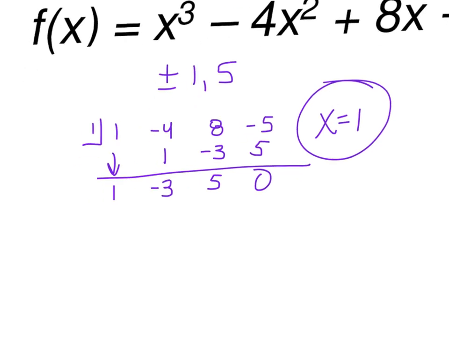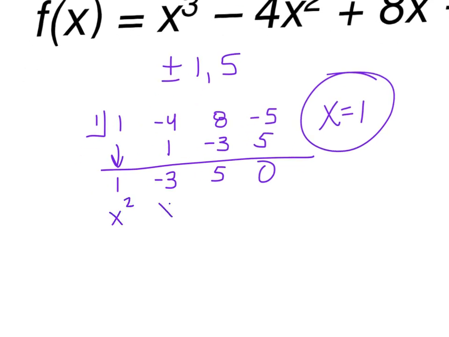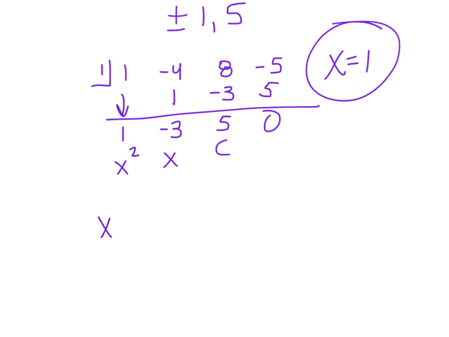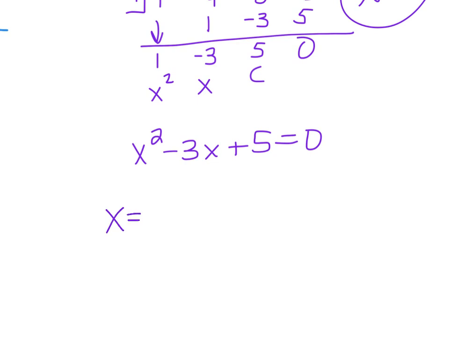Great. So I'm left with x squared, x and a constant: x squared minus 3x plus 5 equals 0. Can I factor this? No, that means we have to do what? Quadratic formula. So x equals negative b.